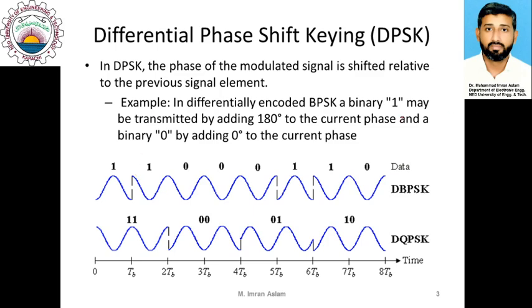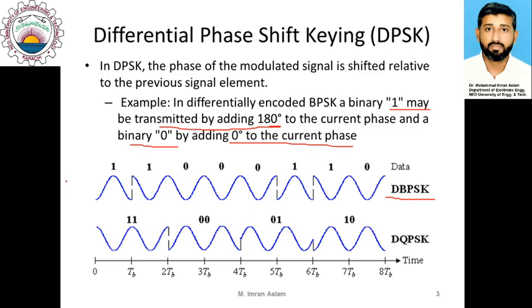Say for example, we talk about binary differential phase shift keying, DBPSK, and we say that the binary 1 is represented by a phase change of 180 degrees, whereas the binary 0 is represented by no phase change, or you can say 0 degree phase change.